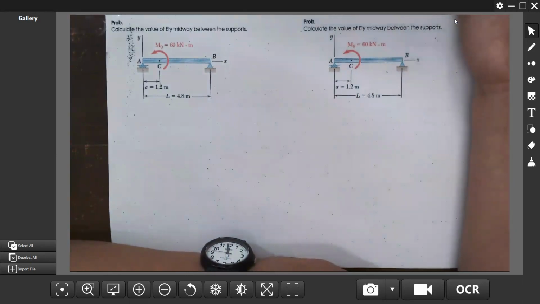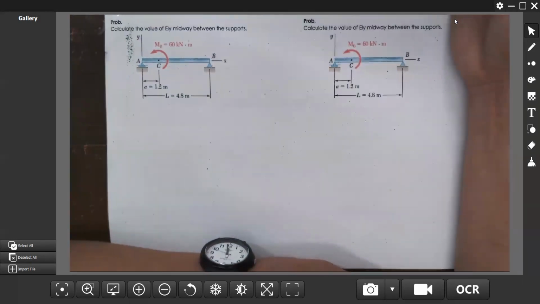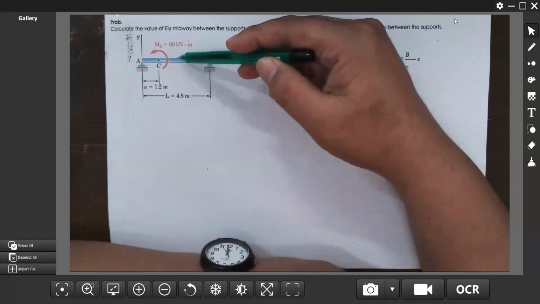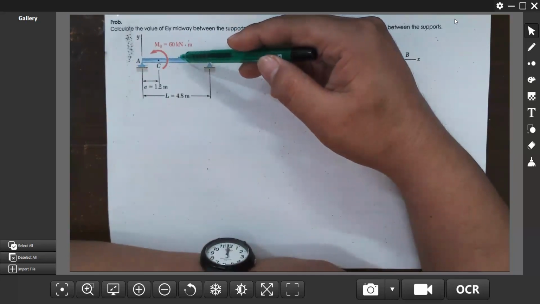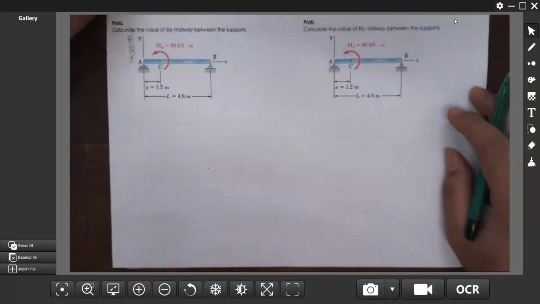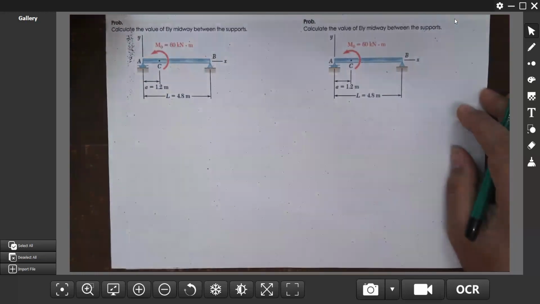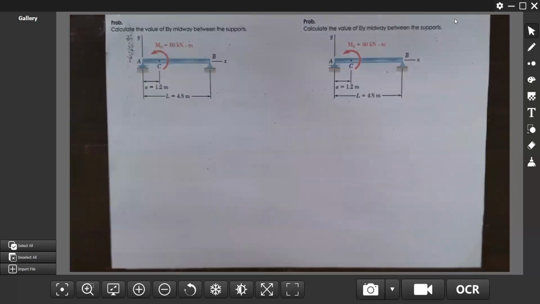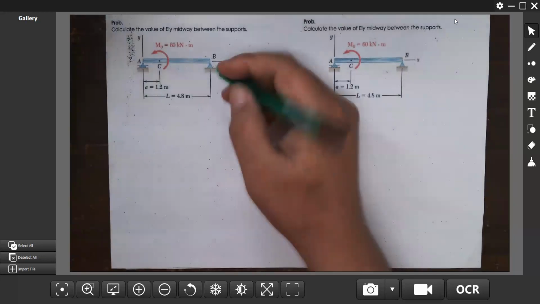So the problem is calculate the value of EIY midway between the supports, or simply at x equal to 2.4. So, sige, gamit ako double integration method.